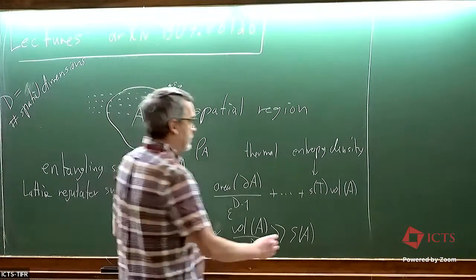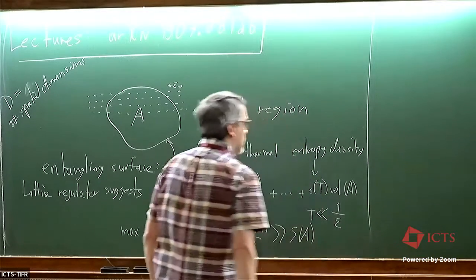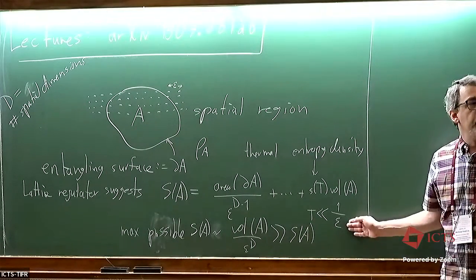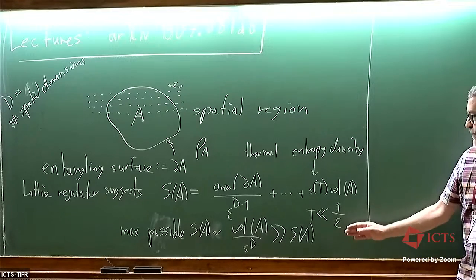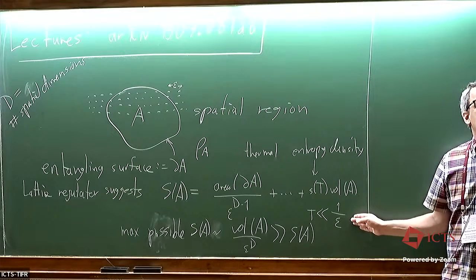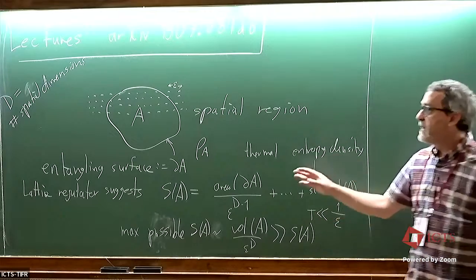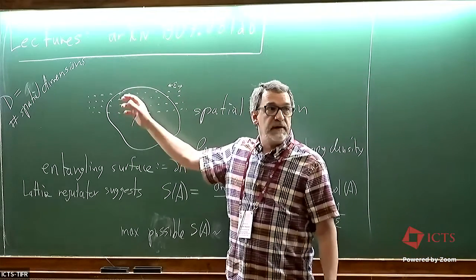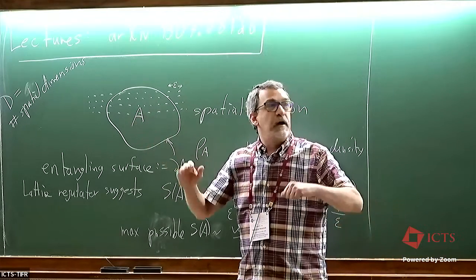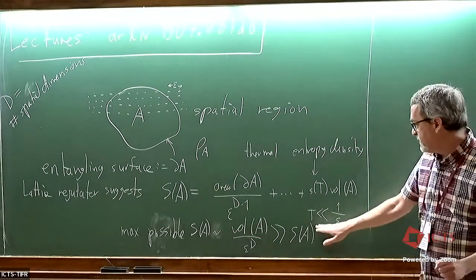So you need T much less than 1 over epsilon. 1 over epsilon is some kind of energy scale associated with my UV regulator. If my temperature is anywhere close to the inverse lattice spacing, I'm really not doing a field theory. That's some extremely high energy state where my energy density is close to my ultraviolet regulator scale, and you're not doing effective quantum field theory anymore if you don't obey this requirement.